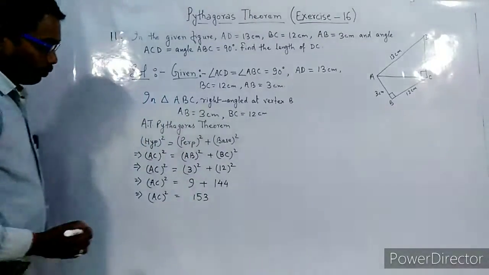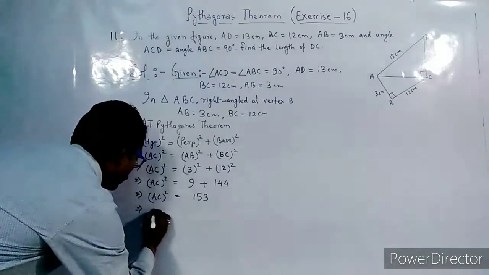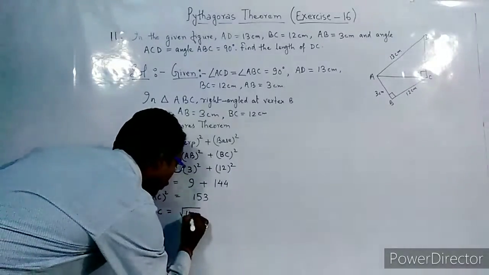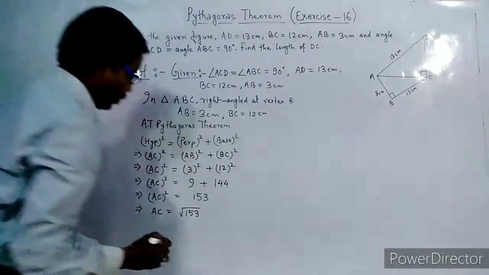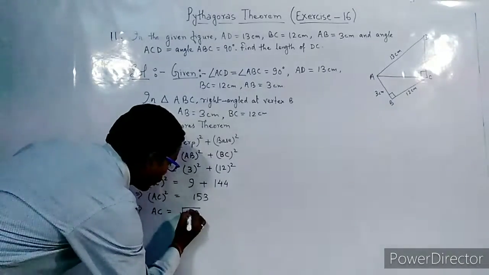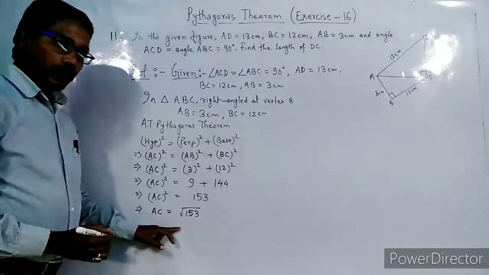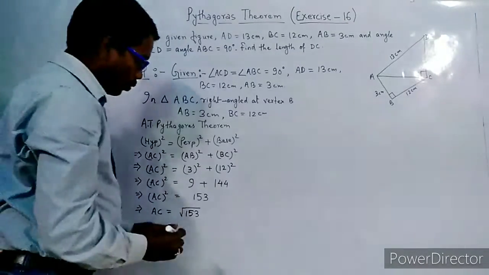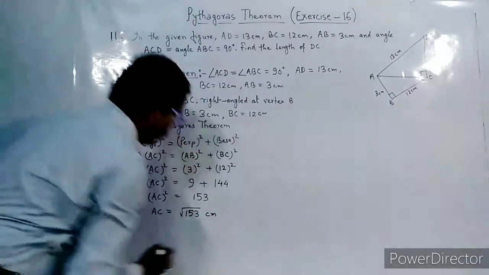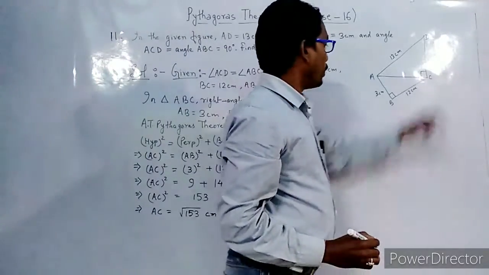Now square both sides. So we get AC equal to root 153. There is no perfect square root of 153, so we will use this value of AC to solve DC.